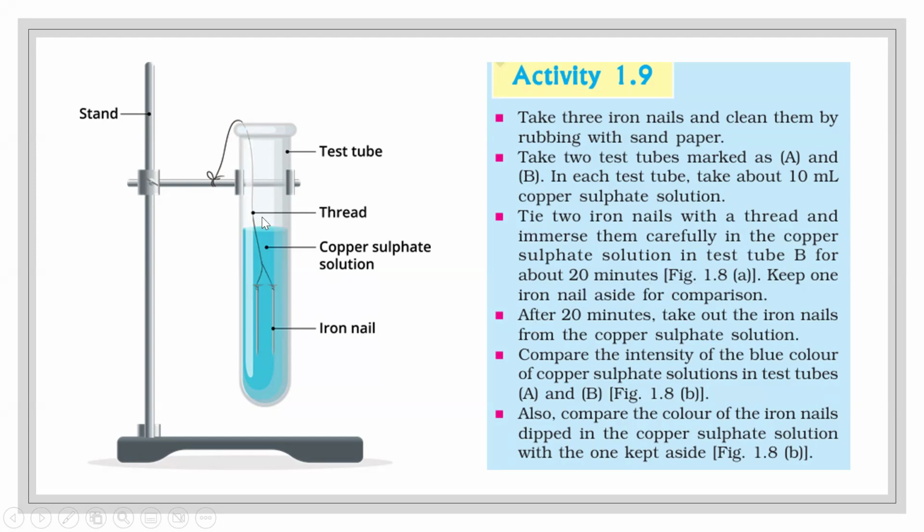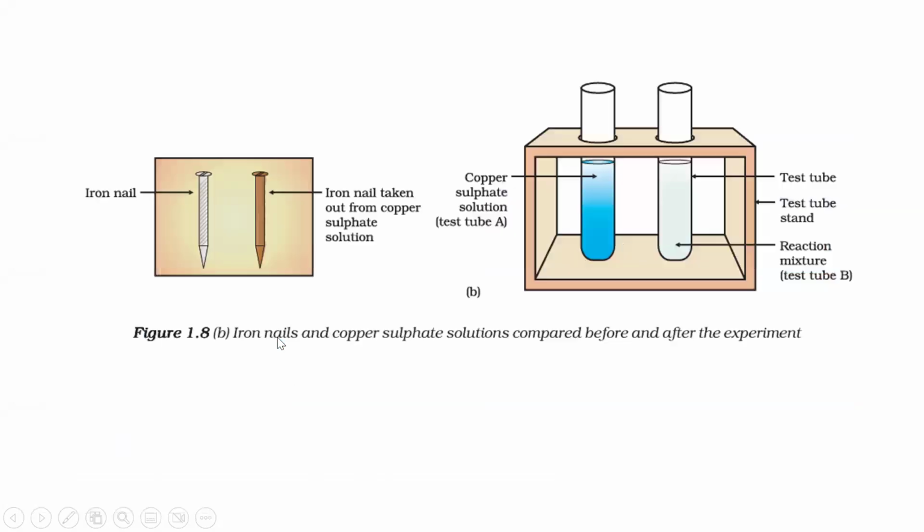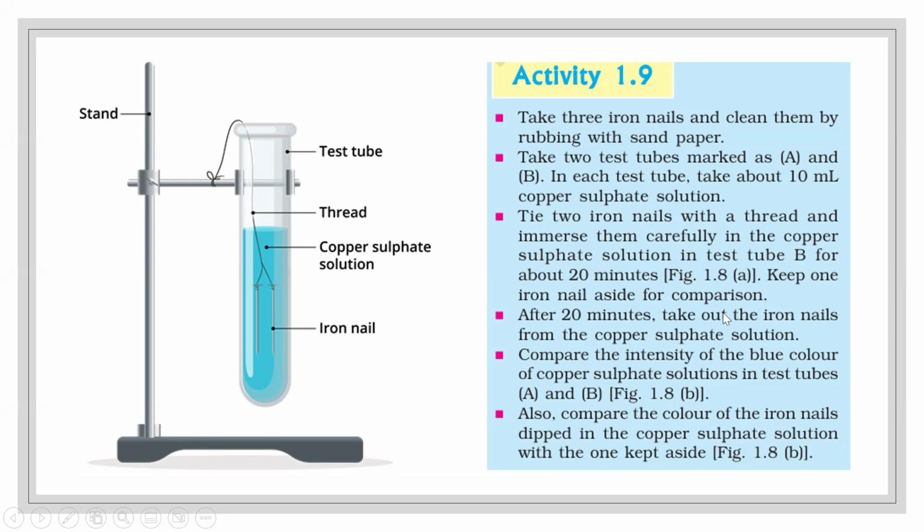We cannot put our fingers inside the test tube, so we have to tie them with a thread. The test tube A has to be kept aside for comparison purpose. For reference, we will use test tube A.